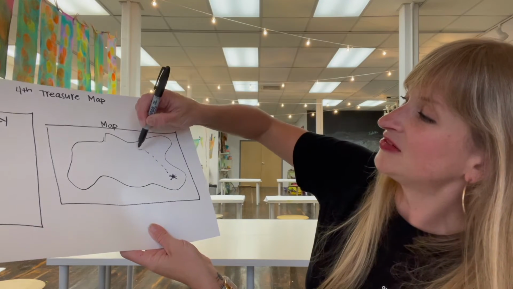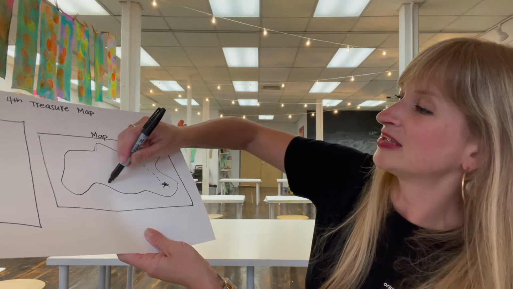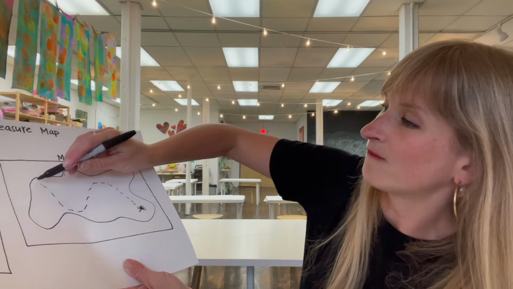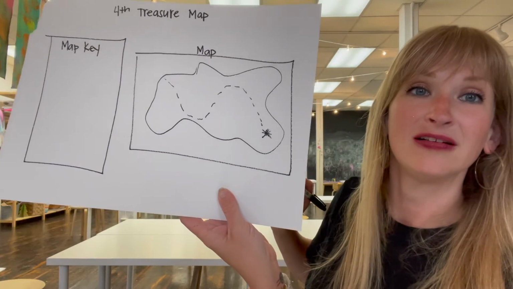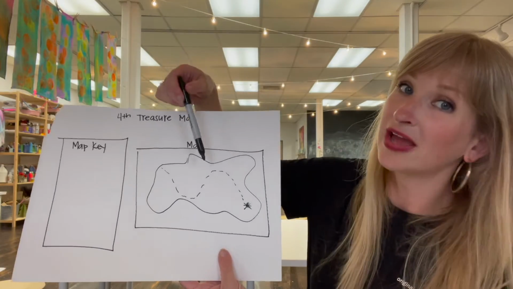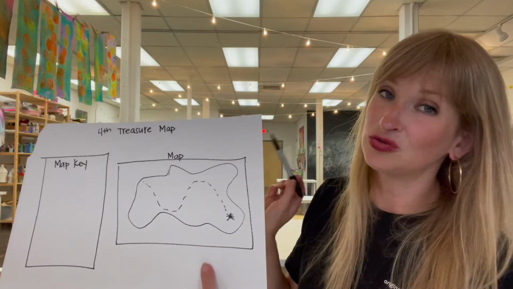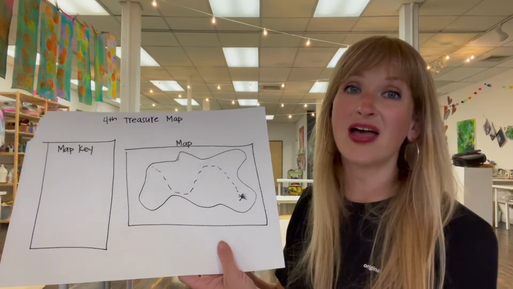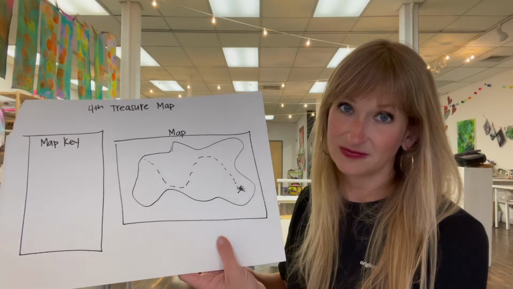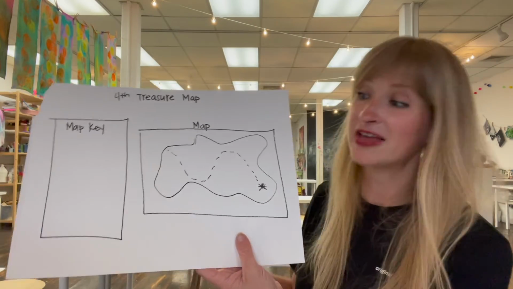So I've identified where my treasure is, and now I'm following the trail. Along this trail is where I'm going to draw 4 to 5 different landforms. You're drawing the landforms that you'll pass by.